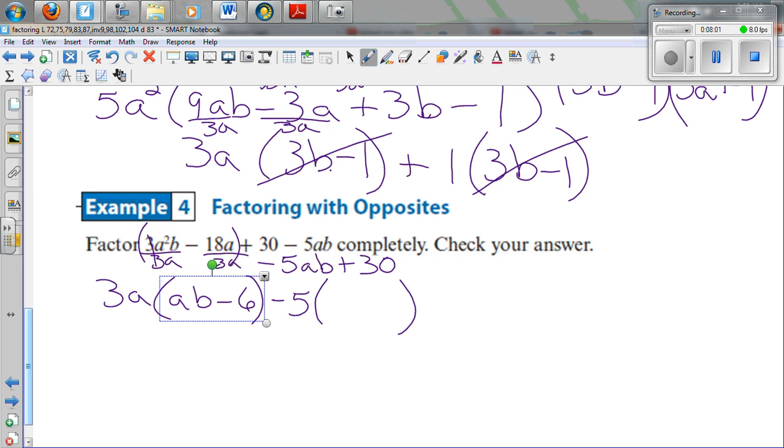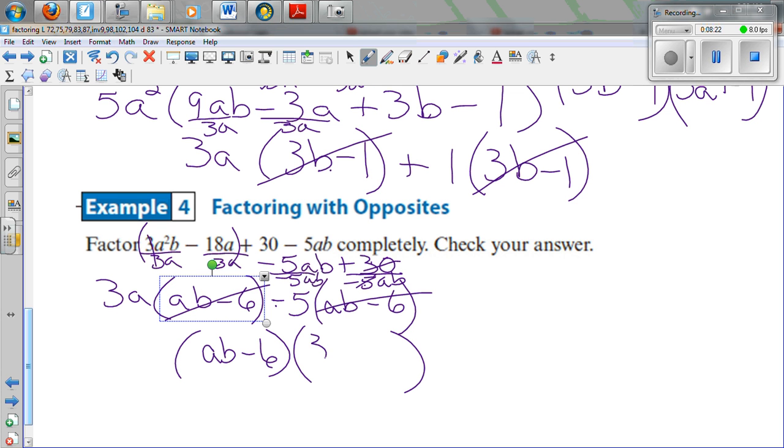If I take out a negative 5, I'm going to have ab minus 6, because positive 30 divided by negative 5 is negative 6. And so again, now I have something in common, which is an ab minus 6. And what's left when I take that out is 3a minus 5. Okay, so you've got to make sure that your terms are in the correct order, or that when you end up with opposite terms, you can just take a negative out and flip them around.